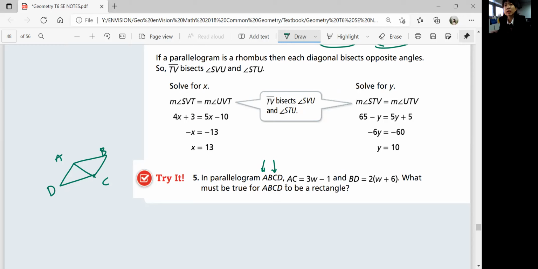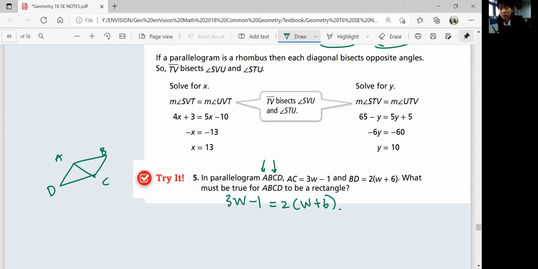In order to be a rectangle, what is the property of the diagonals of a rectangle? They must be congruent. So 3W minus 1 must be equal to 2W plus 6. Solve for W and see what value of W makes it true.